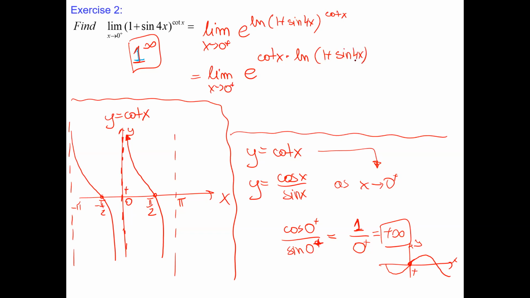Now we're focusing on the limit of that exponent, because everything is placed in the exponent. We have continuity, we can do this. Limit as x goes to 0 of cotangent times ln of 1 plus sine 4x. And then the final answer will be e to the power of that number.